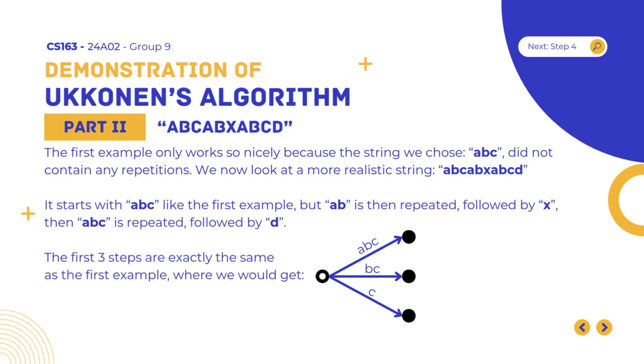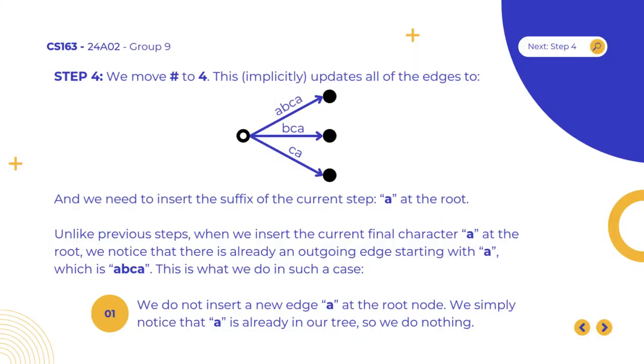But the fourth step is adding A. Moving the hash to 4 updates the edges to that. And we need to insert the suffix of the current step, A, at the root.